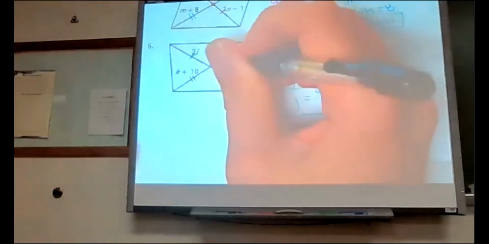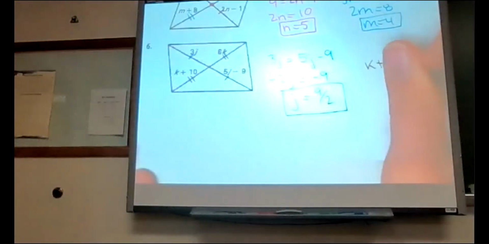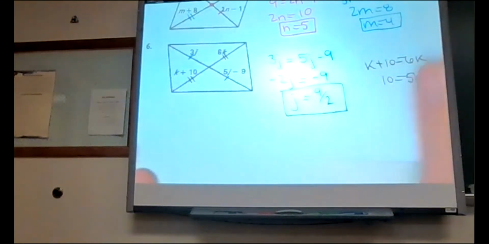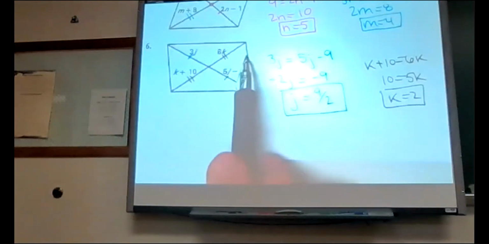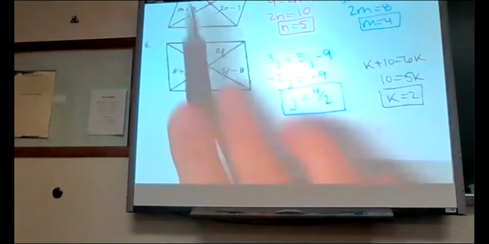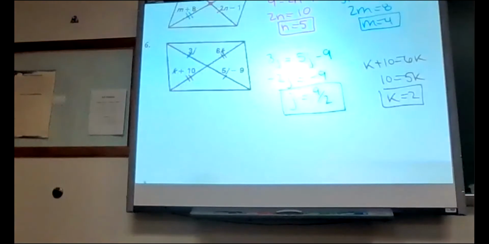And k plus 10 equals 6k, or 10 equals 5k, and k equals 2. Okay, diagonals are being bisected, opposite sides and opposite angles are congruent, adjacent angles are supplementary.